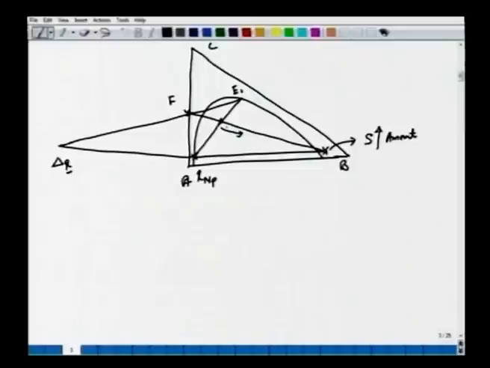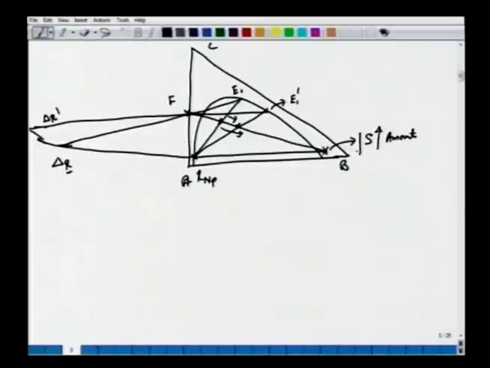Suppose the mixing point has moved from here to here, then we get a new E1, let's say E1 prime, and now if we connect this E1 and F, you can notice that this delta R point is going to move further down. Let's say it makes connections here at different locations, delta R1.